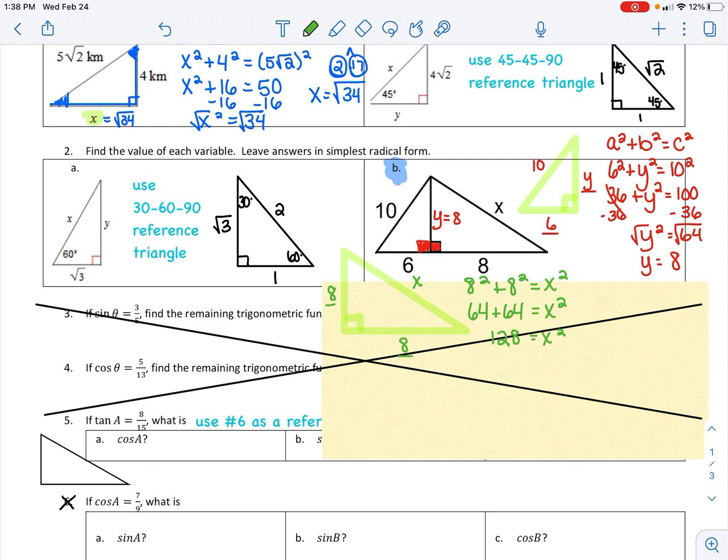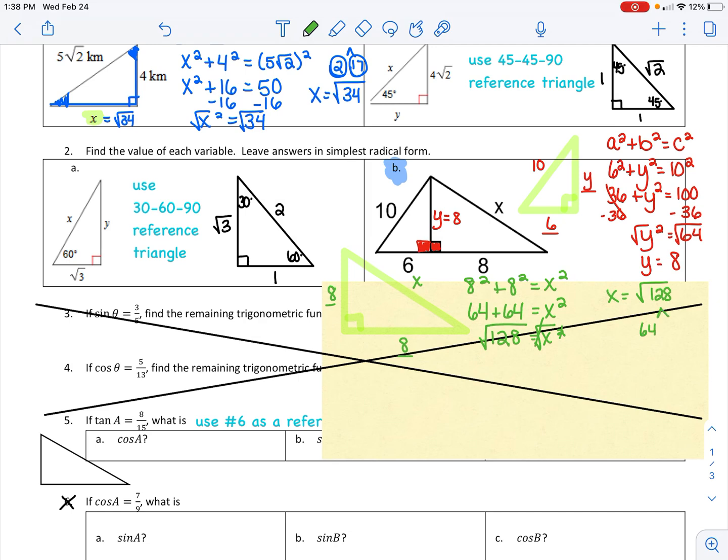To get x completely by itself, I'm going to take the square root on both sides. And we get x equals the square root of 128. Now, the issue here is 128 is not a perfect square, but it can be broken down. So we're going to go ahead and break that down.